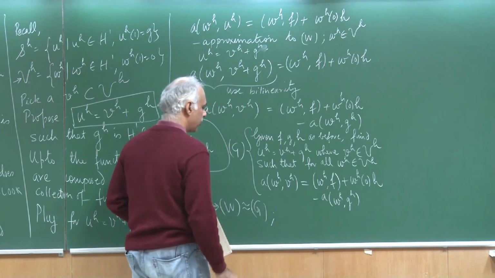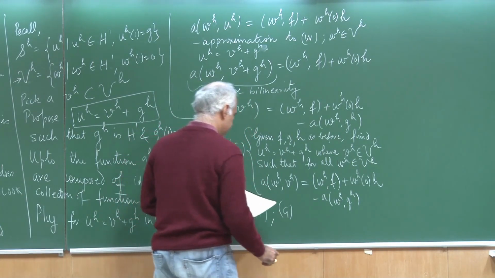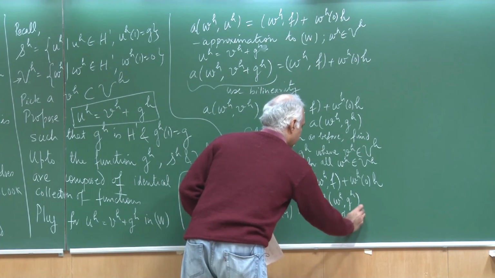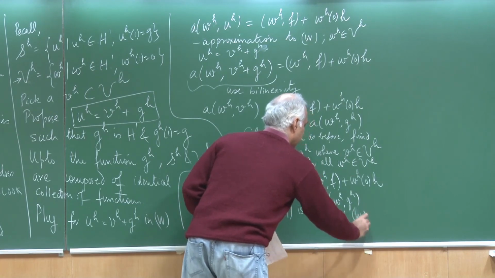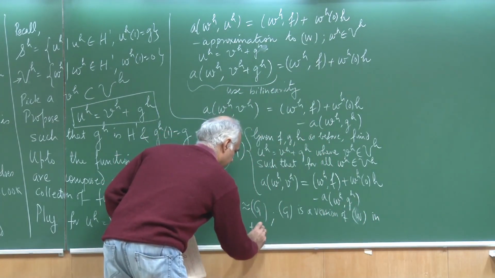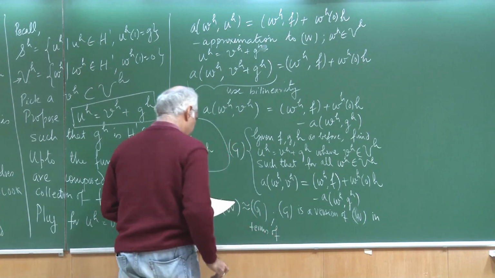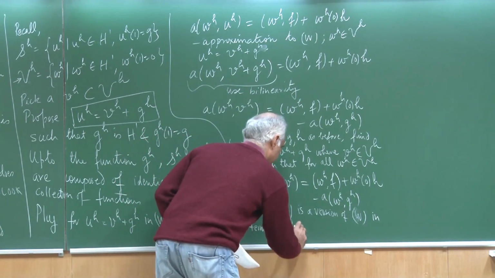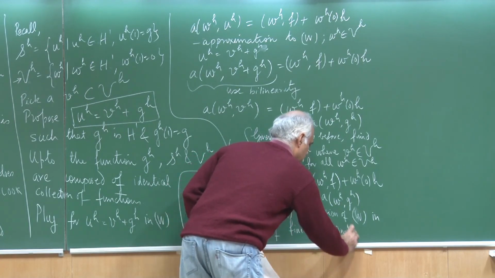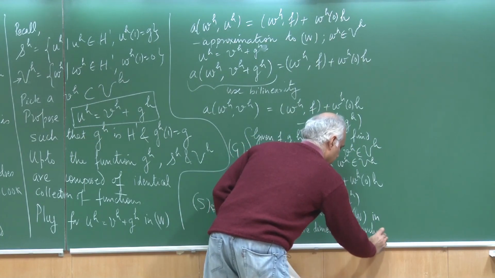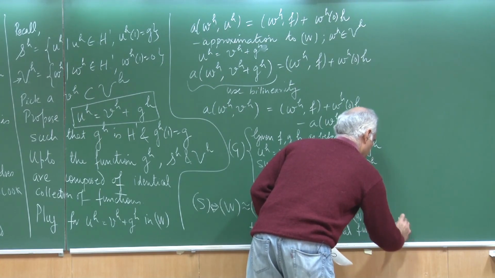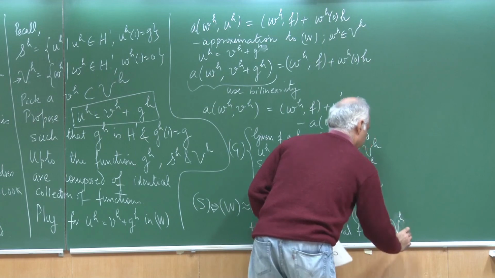So, one could also say that the Galerkin form is a version of the weak form in terms of finite dimensional spaces, in the space Vh.